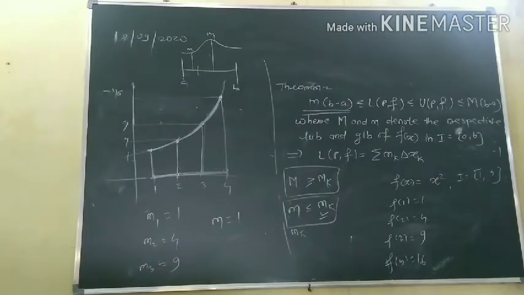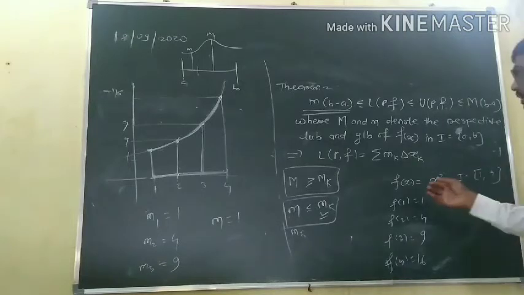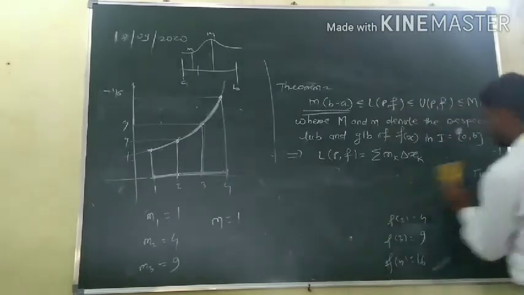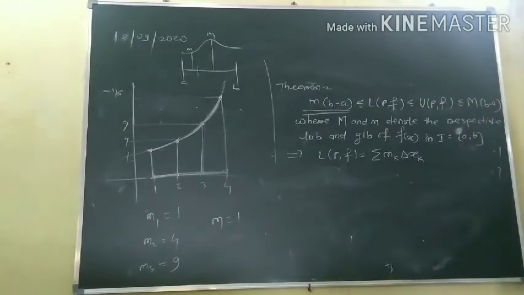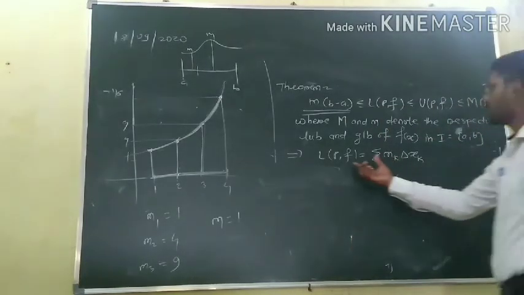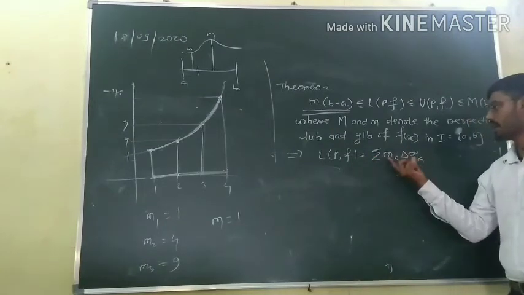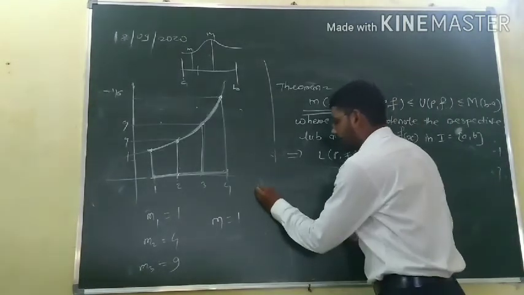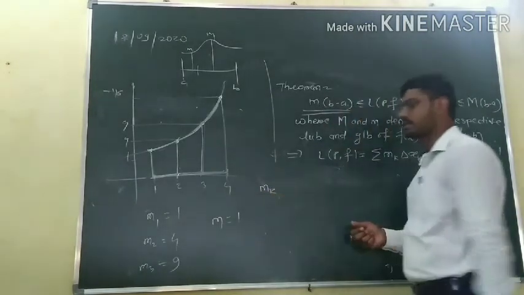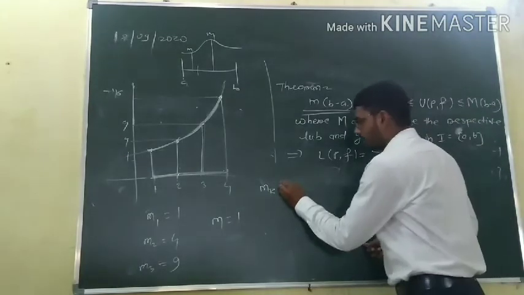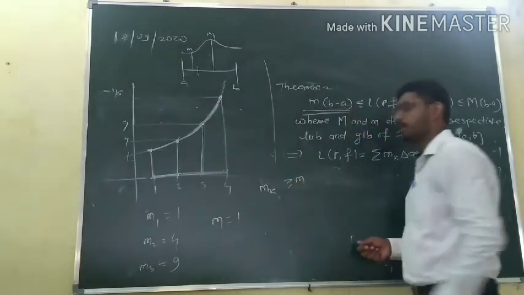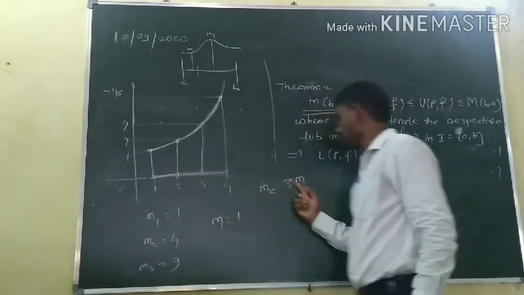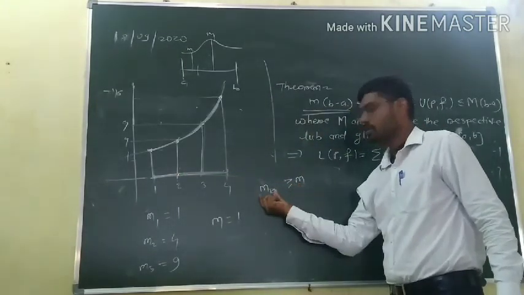Now we will prove this part. We are given lower sum equal to the summation of mk delta xk. We have verified that mk is always greater than or equal to small m: the minimum value over the whole interval is always less than or equal to the minimum value over subintervals.